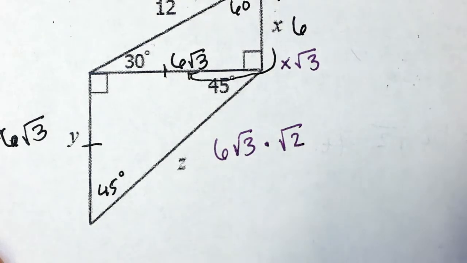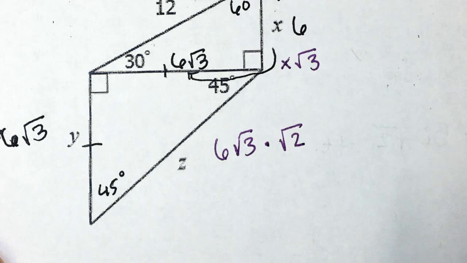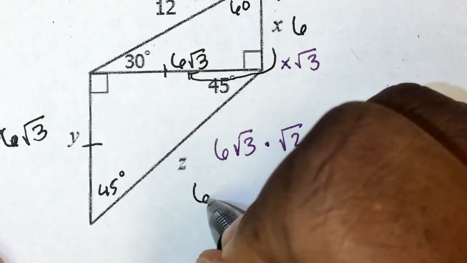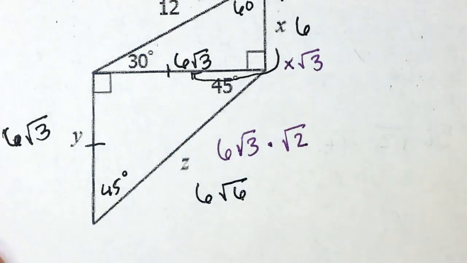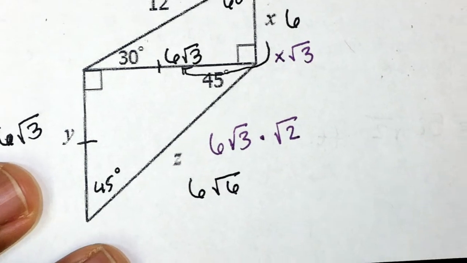What's that, Kahari? Yeah, 6 square root 6. And then square root of 6, you can't break that down. This is going to be 3 and 2, so it's going to go right back to 6. On that one, you're good. 6 square root 6.